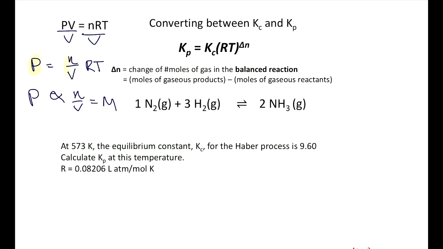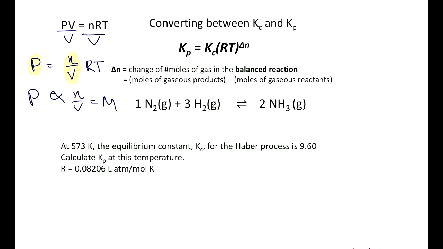So here's pressure, there's concentration, RT just stays constant. So if we look at a reaction and just count how the number of moles of gas changes, we can relate Kp and Kc by a factor of RT to some exponent, where Kc times RT to the change in number of moles of that reaction is equal to Kp for that reaction, expressed in pressure terms.